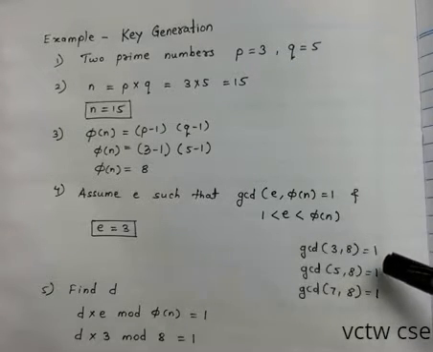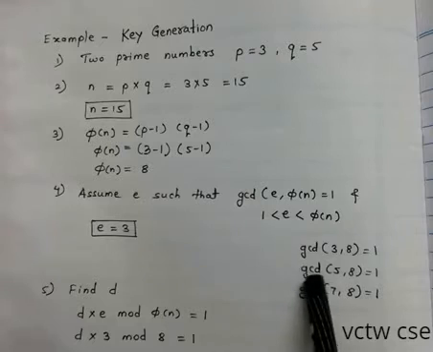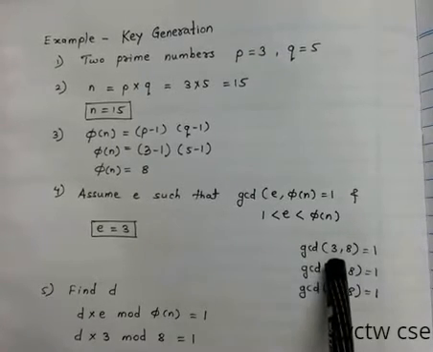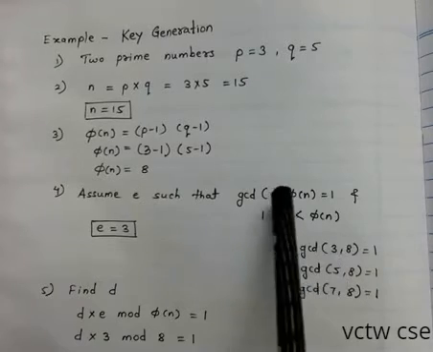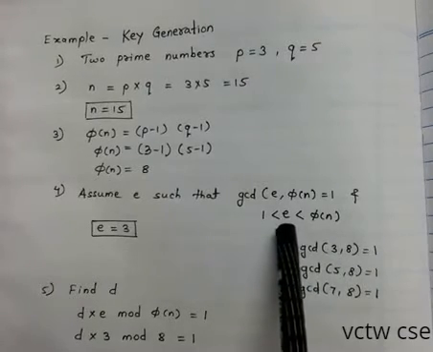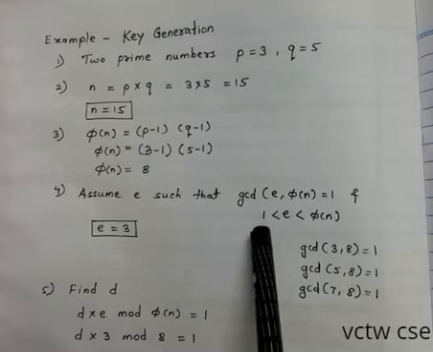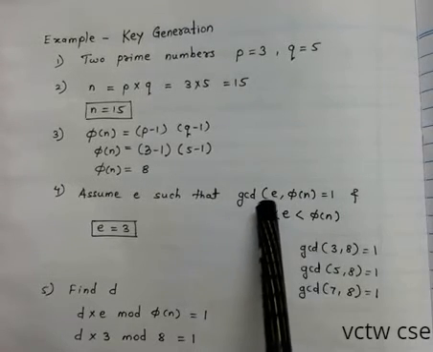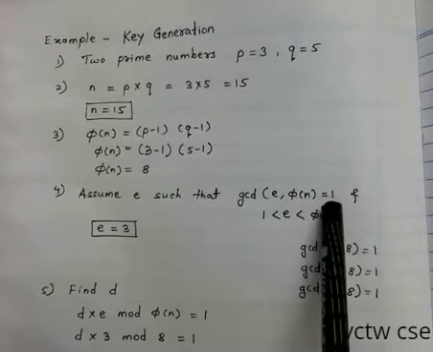Now here I have considered these examples. For example, GCD of 3 and 8 is 1, where the value 3 satisfies these two conditions, that is 3 is greater than 1 and less than 8, and the GCD of 3 and 8 is 1.